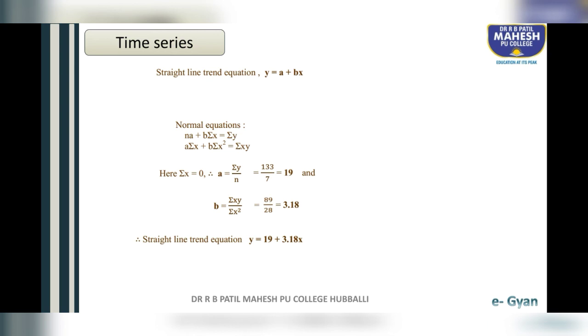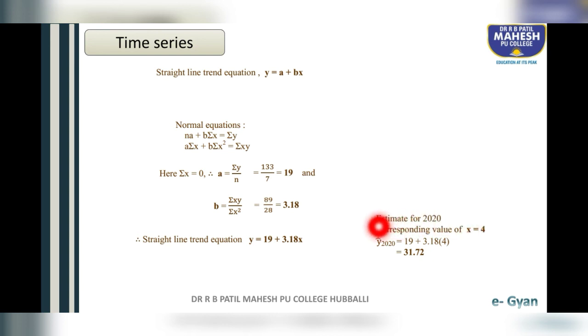Students, the fitting of a straight line trend example is very, very important. Many times this question is repeated. Here we have another question: we have to estimate the trend value for 2020. To estimate the value for 2020, the corresponding value of x is 4.